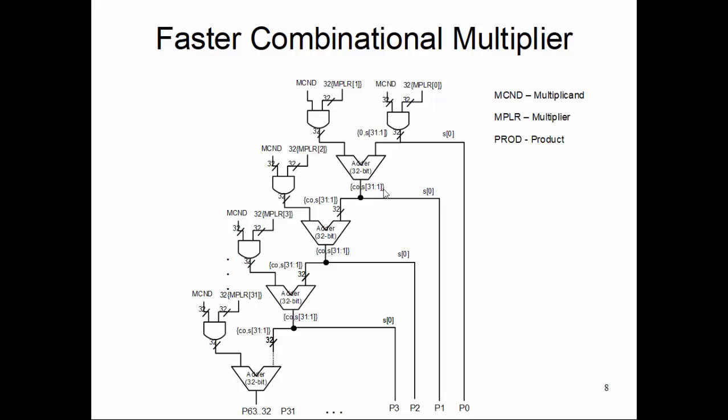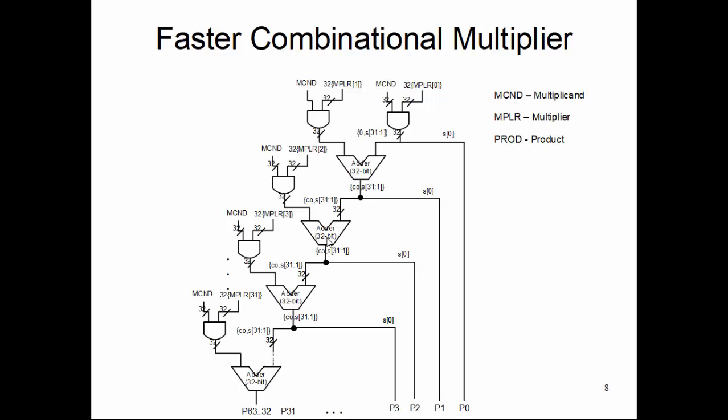It is really not a carry out, it is basically a participation in the next stage addition. So we combine the carry out with the rest of the 31 bits to make a 32-bit operand for the next adder.